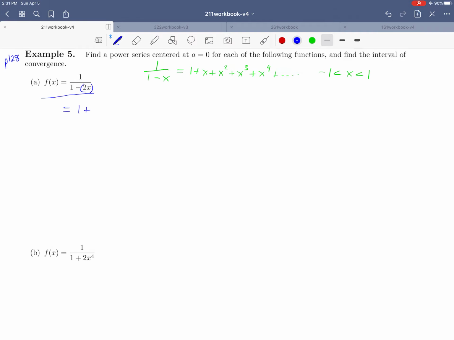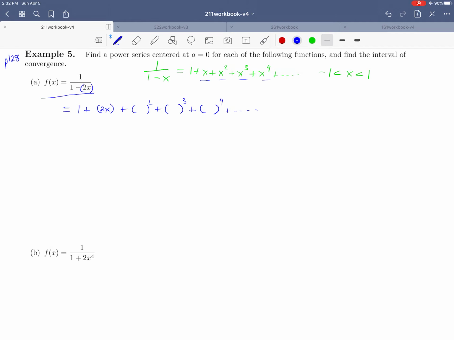So we have 1 plus the thing squared plus the thing cubed plus the thing to the fourth, and so on. And what we want to put in here is 2x. So I substitute 2x in everywhere where I had an x in my original power series.